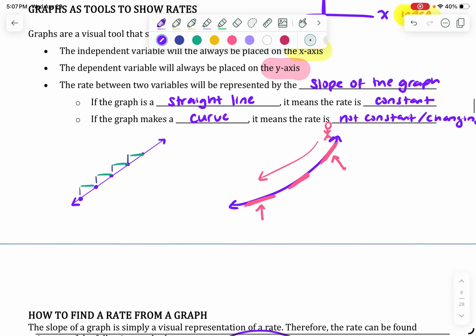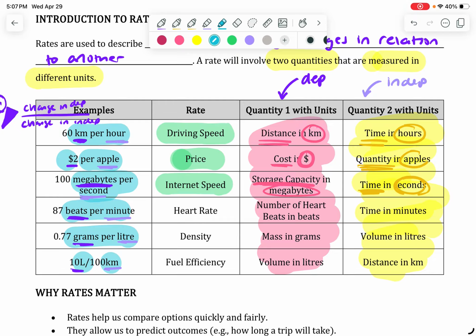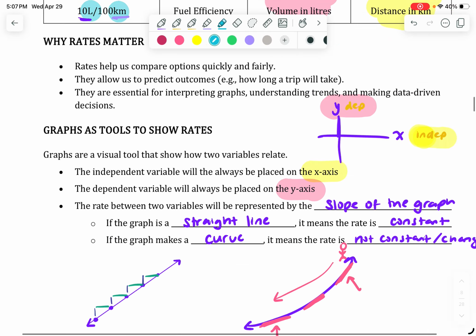And if you noticed, we always had two units, something per something else. It could be written as something per something else, or it could be written with a slash in between. That is okay because that slash means division, and one of the words for division is per. So either or is all good here.